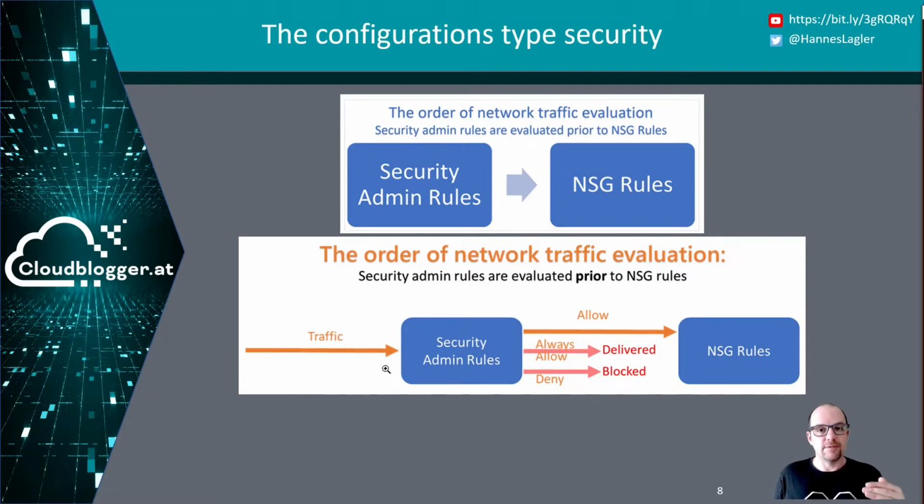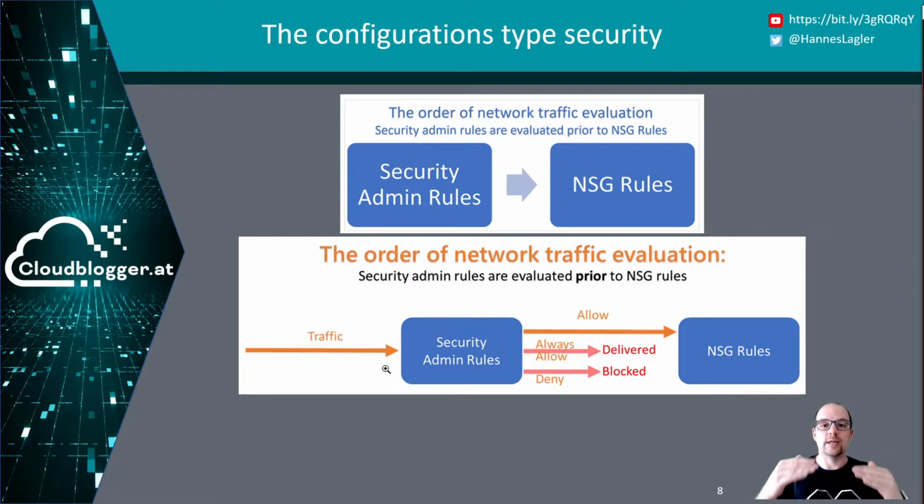So when we define, and we will see this in the live demo, for example, that we allow port 3389 and only allow this, and also have a network security group bound to the virtual network interface or to the subnet, you cannot connect because the last rule from the network security group is deny everything. What you have to do is define a security admin rule with always allow.